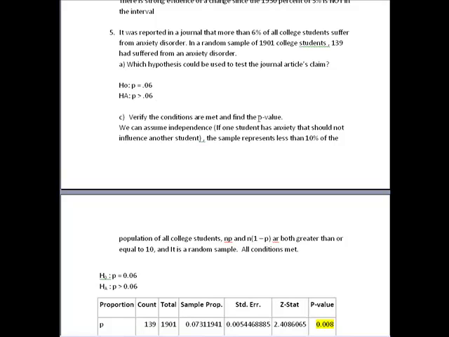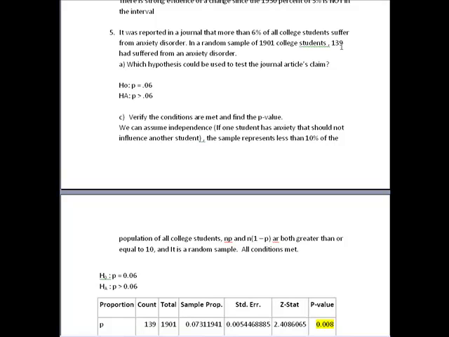Verify that the conditions are met and find the p-value. The conditions are independence: whether one student has an anxiety disorder does not impact another. The sample is less than 10% of all college students, the sample size is large enough, and the sample was random. So all of the conditions are met. I'm going to use StatCrunch to complete the analysis.